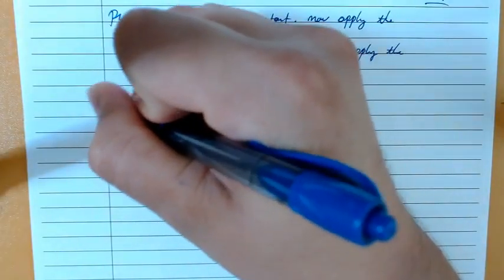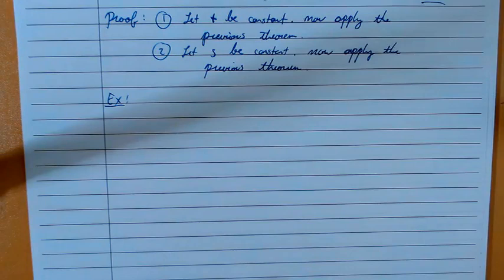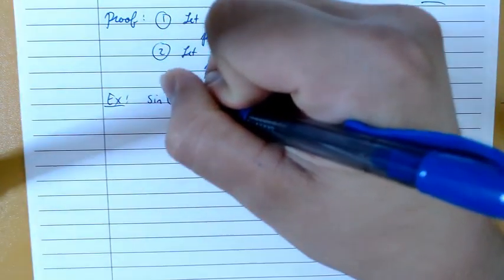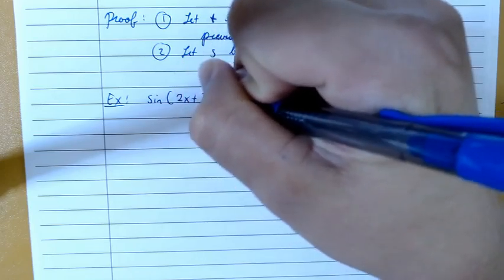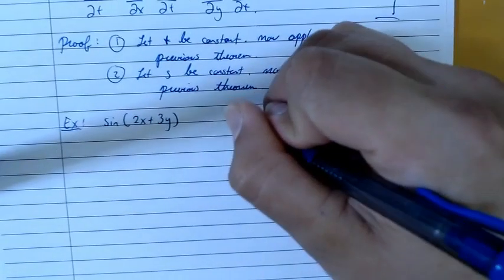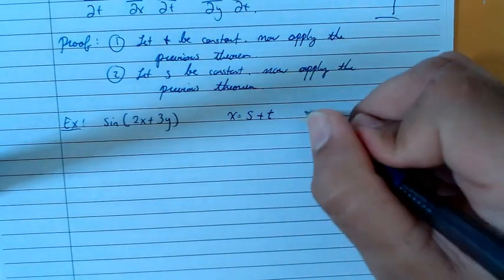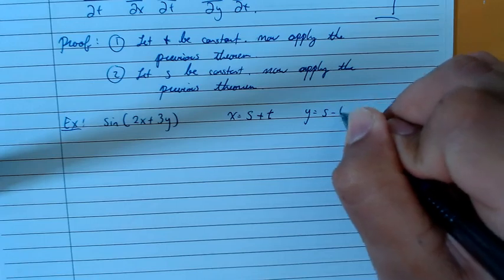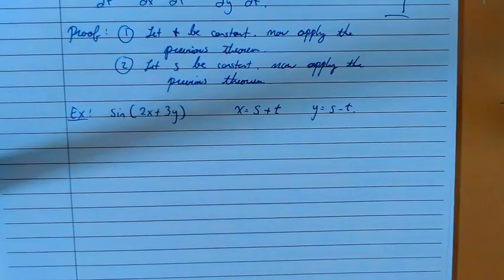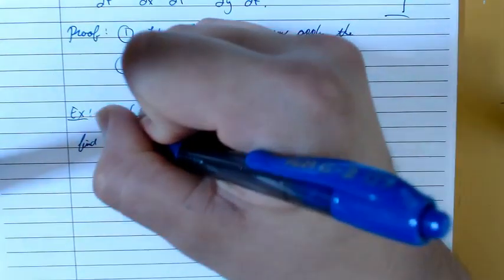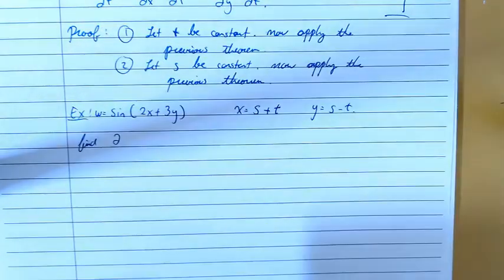Okay, examples. Let's say we have a function sine of 2x plus 3y, where x is equal to s plus t, and y is equal to s minus t. Let's go ahead and find the two partials. I should call this a name, right? Let's call this w.